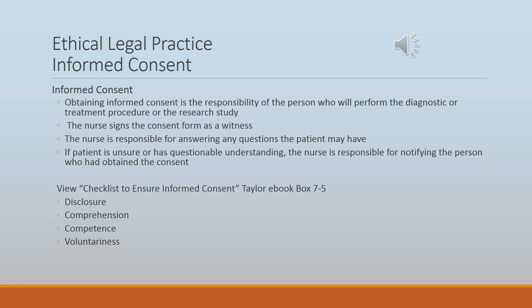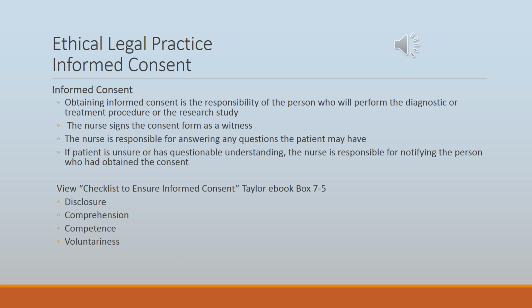To help you understand informed consent, in the Taylor ebook, Box 7.5, there is a checklist to ensure informed consent. The first part is disclosure, where the patient has been informed of the nature of the procedure, risks, alternatives, and that no outcomes can be guaranteed. Second is comprehension. The patient can correctly repeat in his or her own words that for which the patient is giving consent.